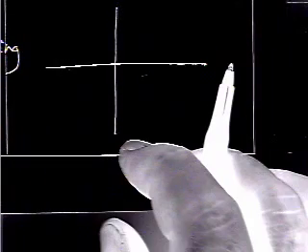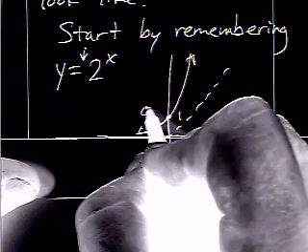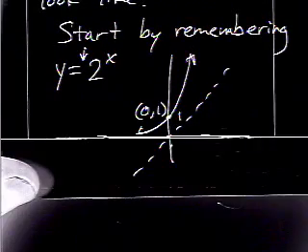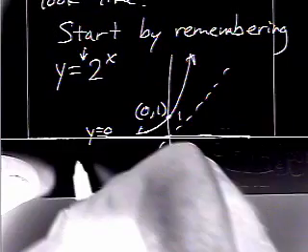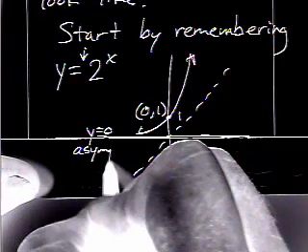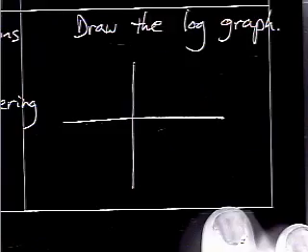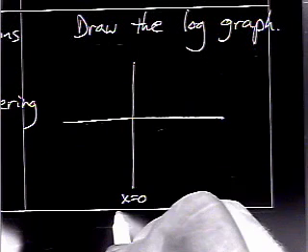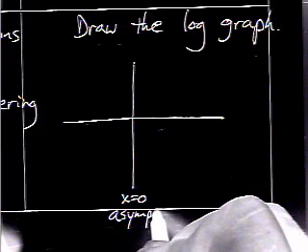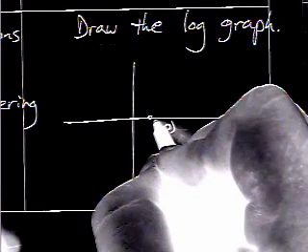Now remember, back on my old graph, the point 0, 1 was on the graph. And y equals 0 was my asymptote. Remember that stuff? Well, when you switch x and y, now x equals 0 is your asymptote. And 1, 0 is on my graph.